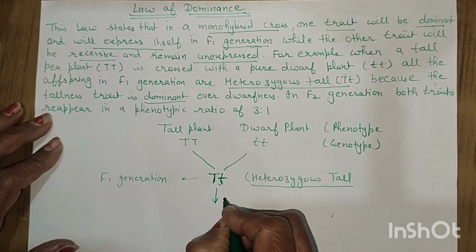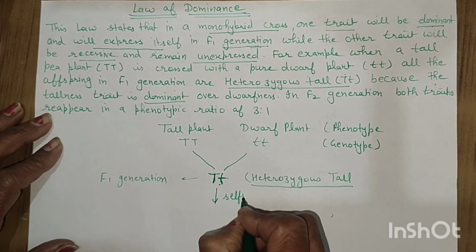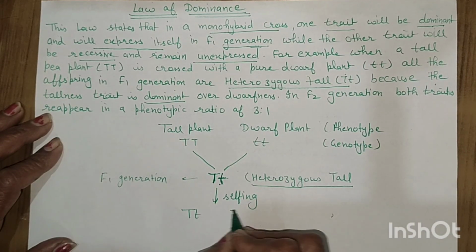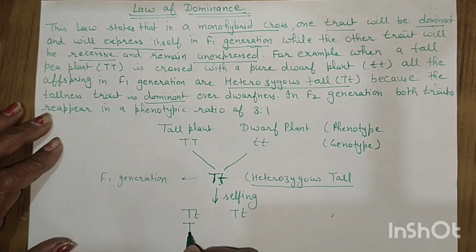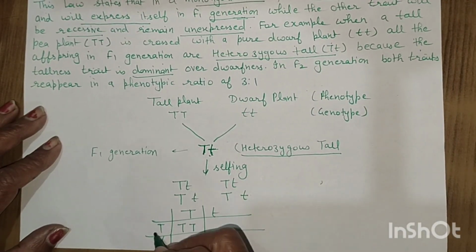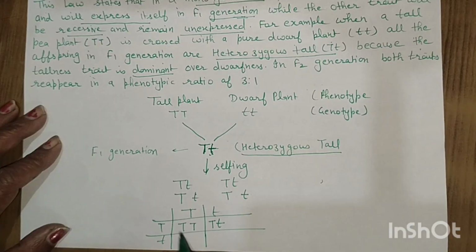Now, when Mendel selfed the F1 plants, the gametes formed are capital T and small t, and capital T and small t. When he crossed these capital T and small t plants, we get capital T, capital T and small t, capital T and small t, and small t and small t.